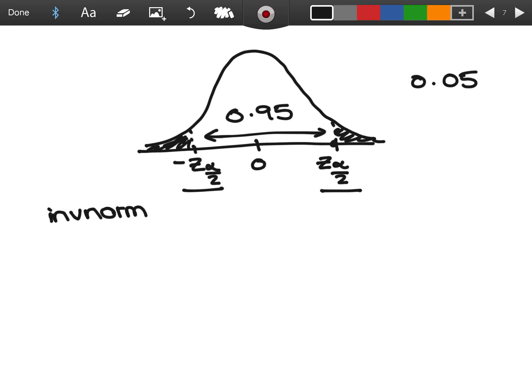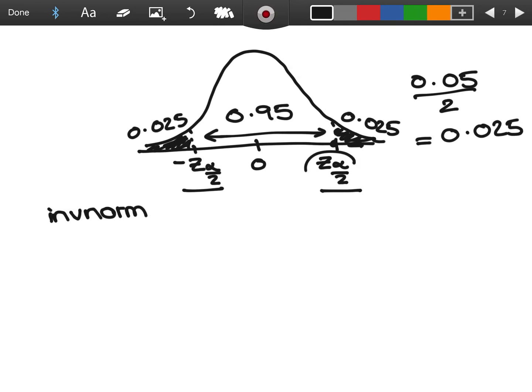So each one of these areas here and here has an area of 0.025. So let's say I'm looking for this value here. You plug in the entire area that's to the left of that value, which in this case is 0.975. Your mean is 0, standard deviation is 1.